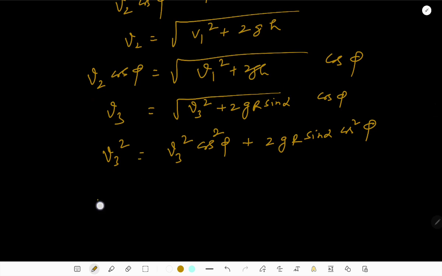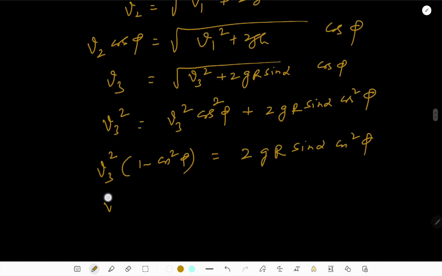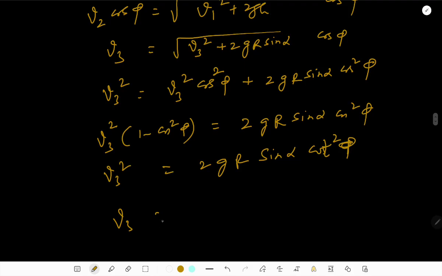So I think it becomes v3 square times 1 minus cos square phi equals 2gr sine alpha cos square phi, and so v3 square equals 2gr sine alpha cot square phi. Cos square phi divided by sine square phi is cot square phi, and this is your result finally.